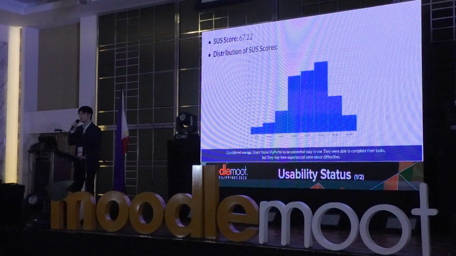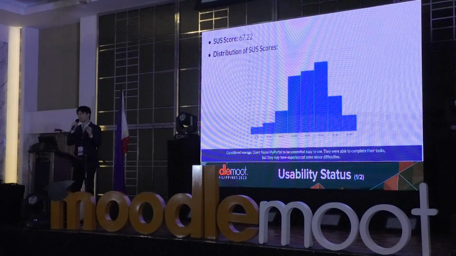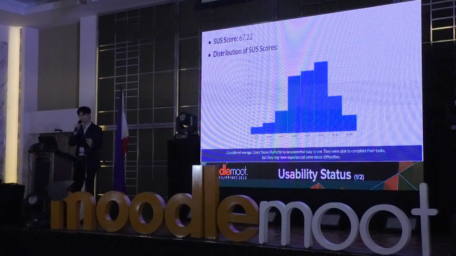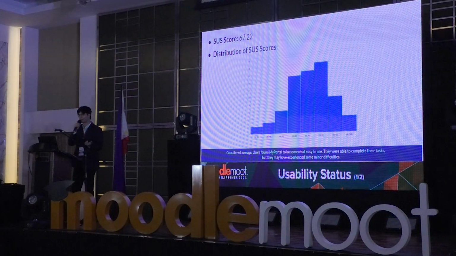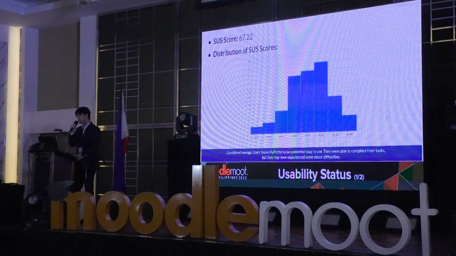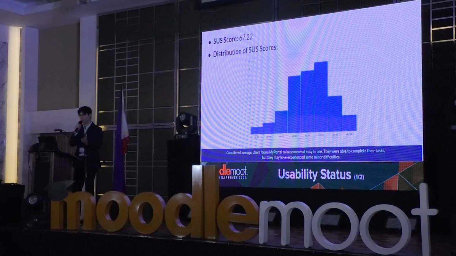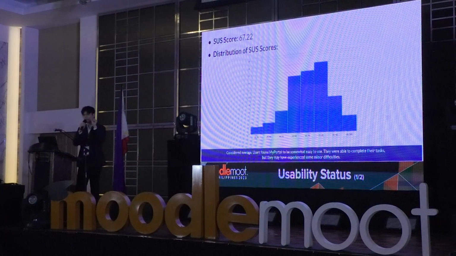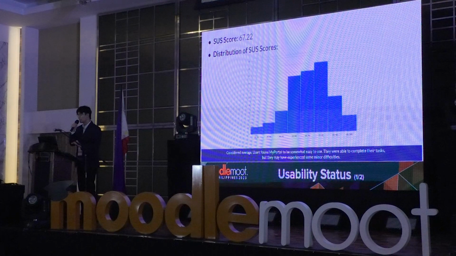And then for the SUS score, considering that the theme of Moodle and My Portal are quite similar, the SUS score among the 73 participants is 67.22. And this is the distribution of the SUS scores, just to show you that the bin with the largest number of participants would be between 70 to 80.